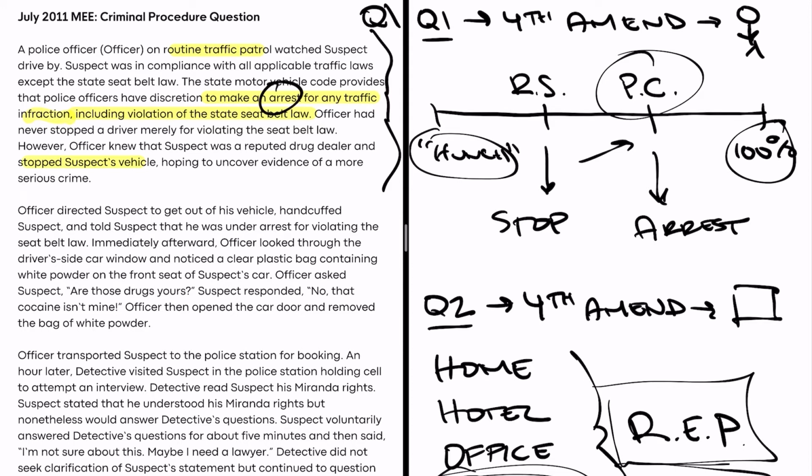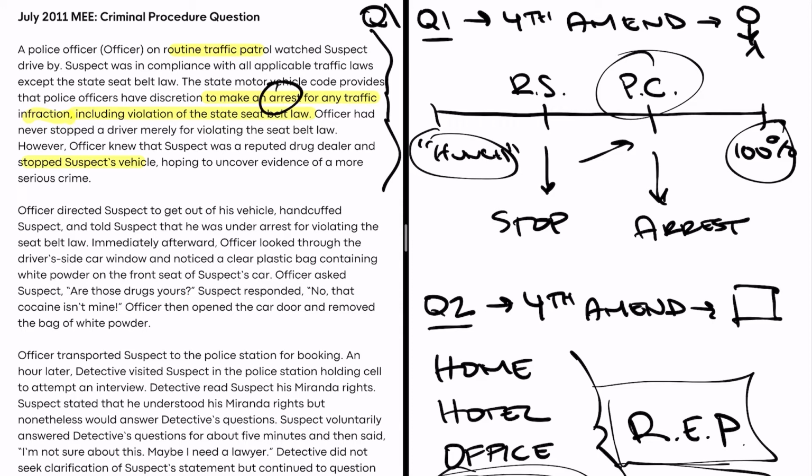Now, the bar examiners threw in all these other facts basically to try to trip you up a little bit about the fact that he's a reputed drug dealer and he's hoping to uncover evidence of a more serious crime. That's irrelevant in our Fourth Amendment stop and seizure of a person analysis, right? What the officer's personal motivations are don't matter. And in fact, this happens all the time, right?